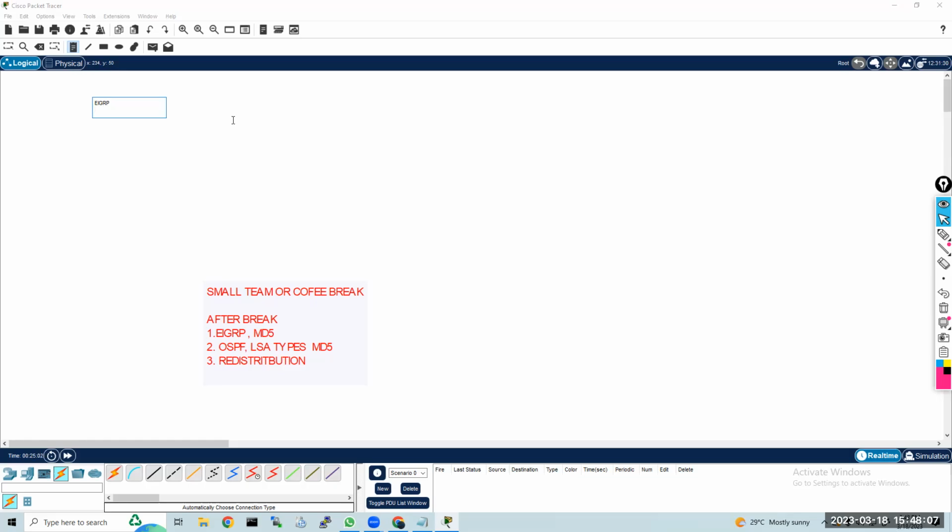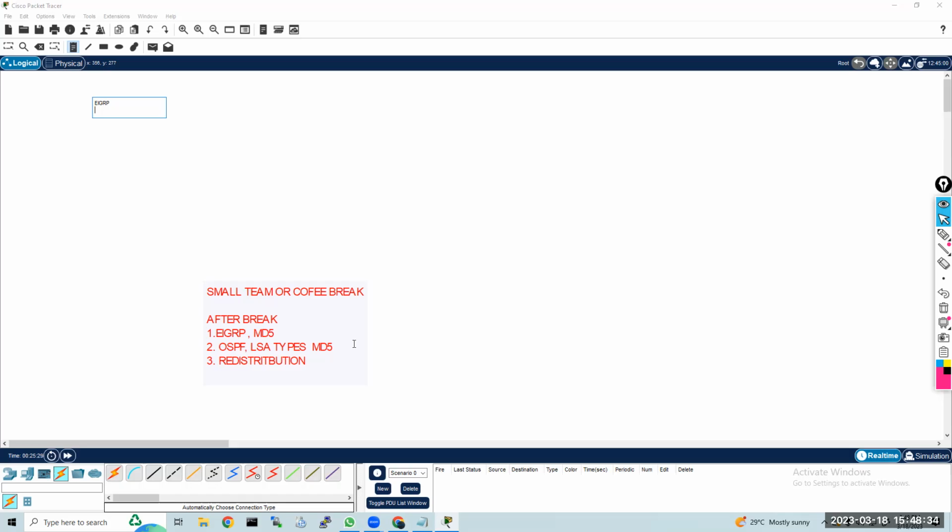What's the abbreviation for it? Advanced Interior Gateway Routing Protocol. Yes, I will write it down here. Don't worry. Okay, so I'll write it down here.